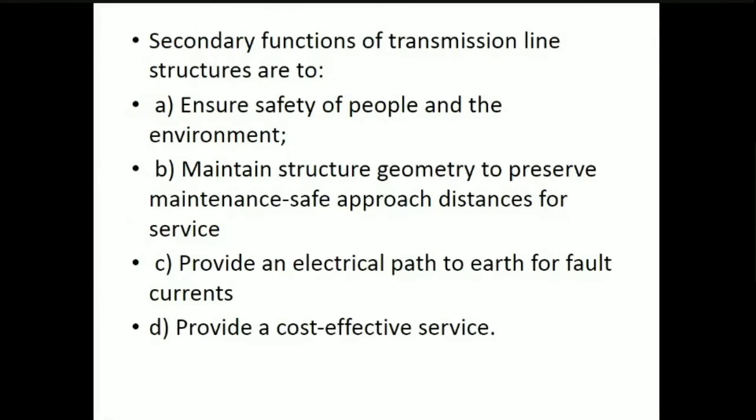Then provide a cost-effective service. Then provide electrical clearances. So there should be sufficient clearance between the ground and the power conductors in order to ensure the safety of people and the surroundings.